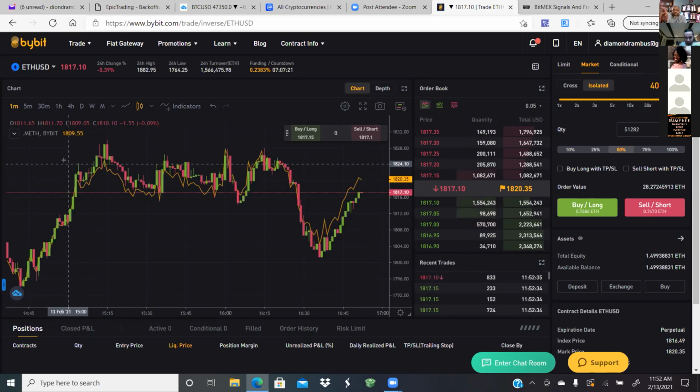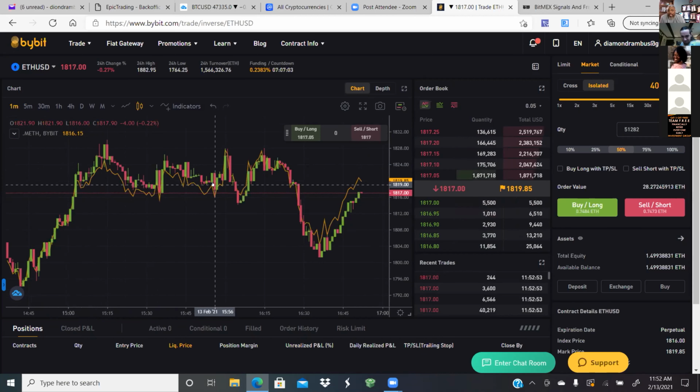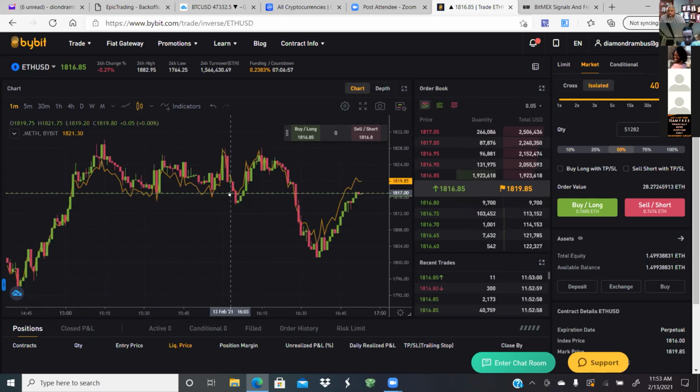Whatever that number is on the gray, 1824, see what price does there, because it can reject back down from there for you too. Looks like it's about to reject now. But it's rejecting back to the wall too. So remember that. Correct. So now measure from where you are to the wall and see if that's a win for you.